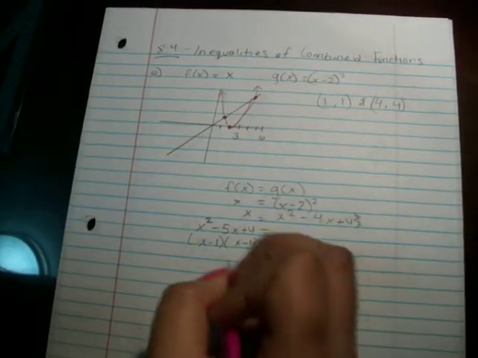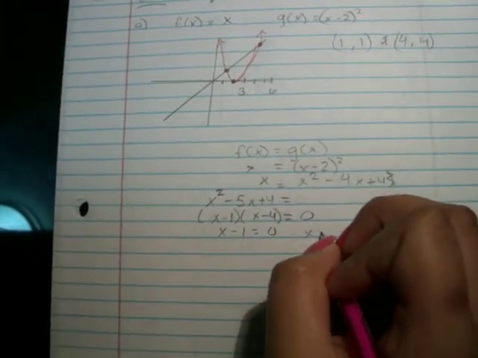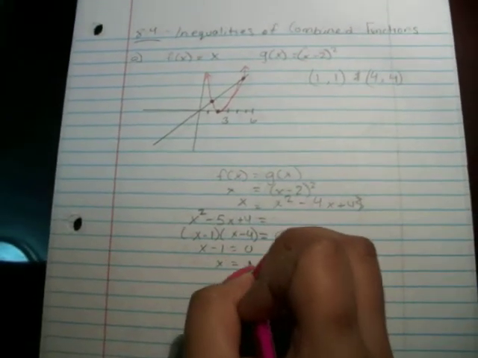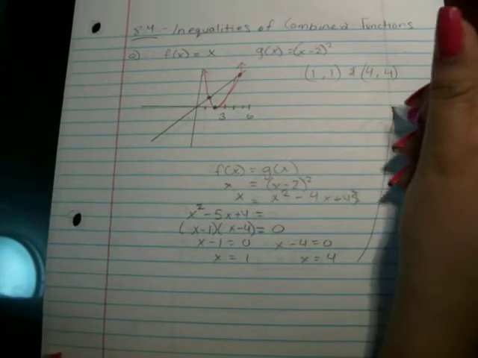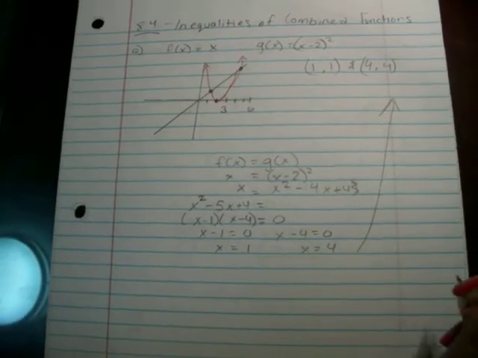And then to find your roots, you would have to make everything equal to 0, so x minus 1 equals 0 and x minus 4 equals 0. And you'd isolate for x, so x equals 1 and x equals 4. So like I said up here, they intersect at (1, 1) and (4, 4).